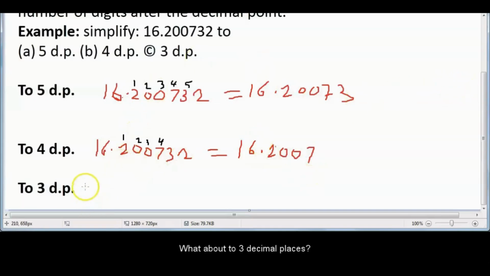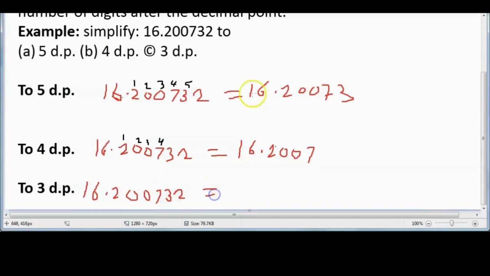What about to 3 decimal places? 1, 2, 3. I have to stop here. Notice that the third 0 is followed by 7.